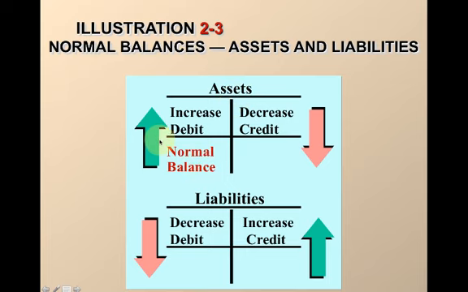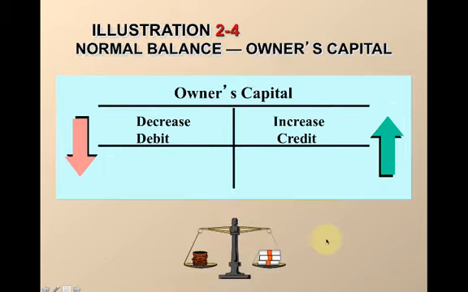They also increase on the left side. Liabilities have a normal balance on the credit side because they're on the right side of the balance sheet, and therefore they also increase on that side. Owner's equity has a normal credit balance. Like liabilities, it's on the right-hand side, and therefore it also increases on the right side.